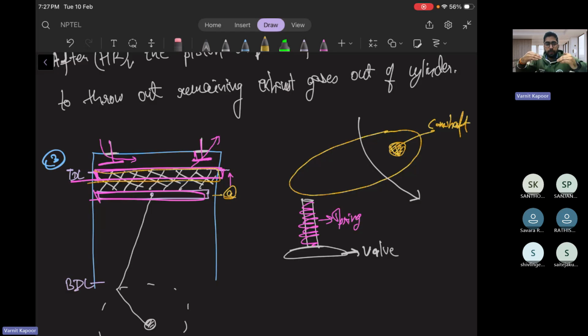Both of the valves are open, and the exhaust is taking out the gas, and some of the air fuel mixture will also go with this, which is unburnt, not at all utilizing your resource. That is your fuel, which is limited in nature. First thing is that you don't want this. You want the exhaust valve to be closed just before reaching the TDC.